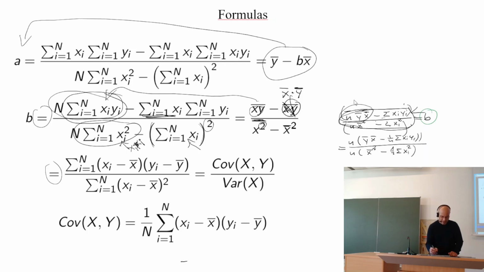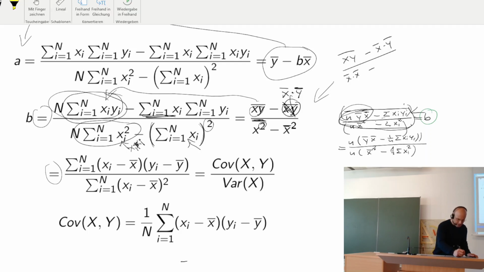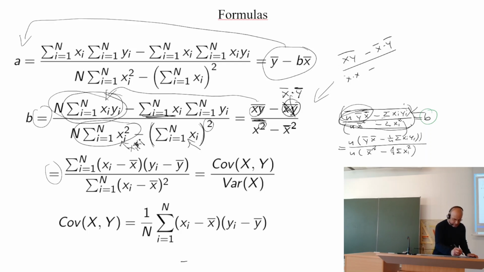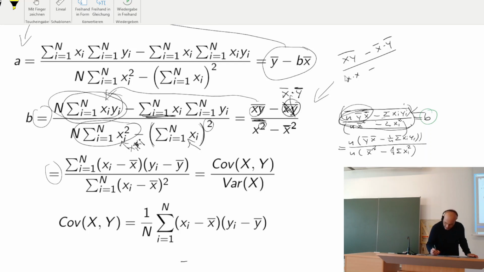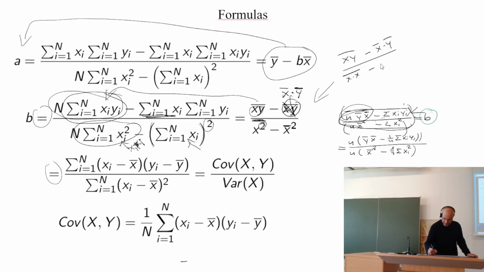And if we look at this formula, then you can write it also as xy bar minus x bar y bar over x bar times x bar minus x times x bar, and the other one x bar times x bar.